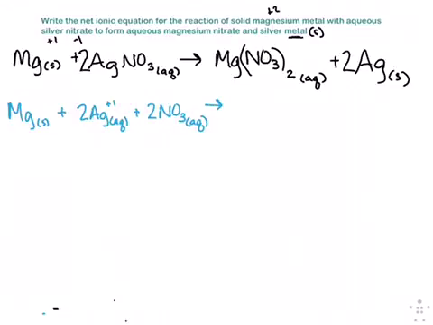Now, when we get to magnesium nitrate, do we need to worry about the charge on magnesium? Yeah. In this case, you do because it's in a solution. So Mg aq, and it's a 2 plus, NO3, and there's 2 of them. If there is a 2 for that subscript, bring it up so it's a coefficient so it matches the reactant side.